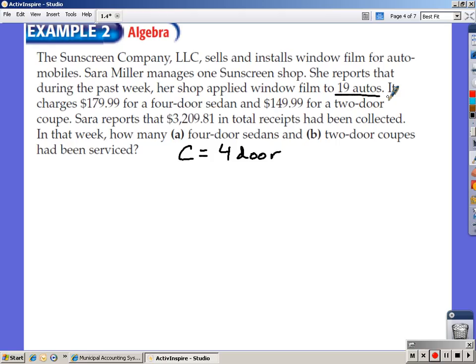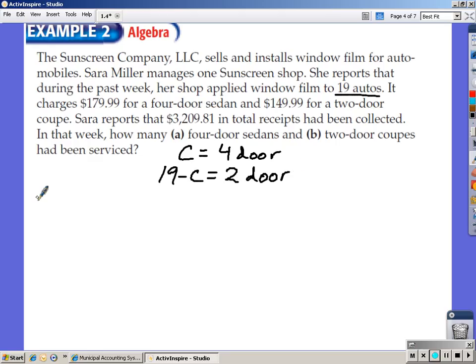So if we do 19 minus C, that can be our 2-door. Now, Sarah reports that $3,209.81 in total receipts were collected.